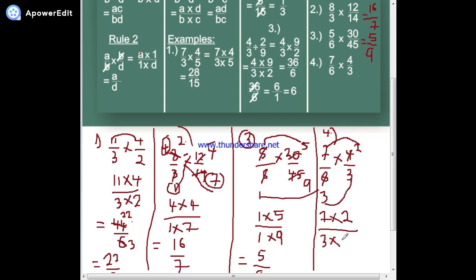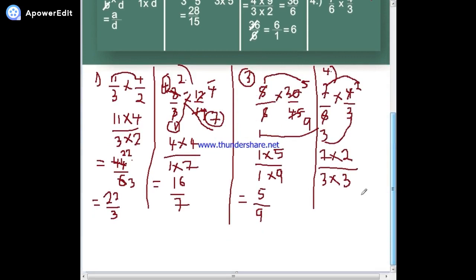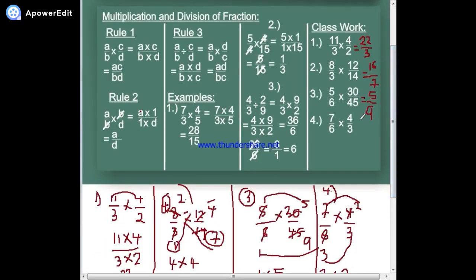We now simplify: 7 times 2 is 14, and 3 times 3 is 9. So our final answer is 14 over 9.